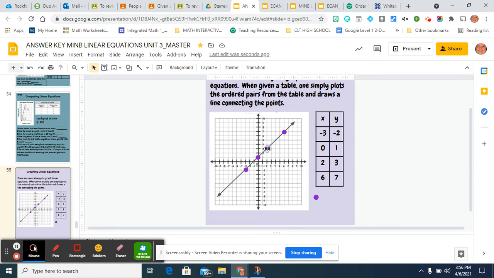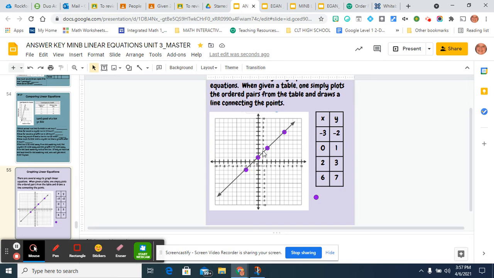And of course, if I wanted to find the slope, I could use any two points to locate the slope. So if I'm at 1 and I'm going up to 3, that's up 2, and I'm going over 2, so up 3 over 2. So my slope is 3 over 2. Or actually, from -2 to 1 was up 3.